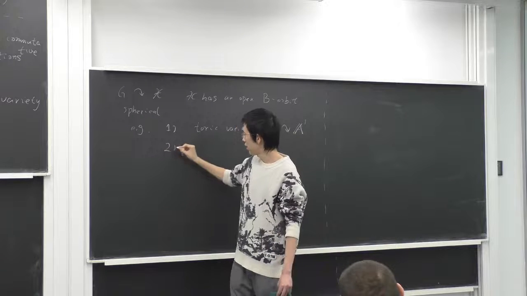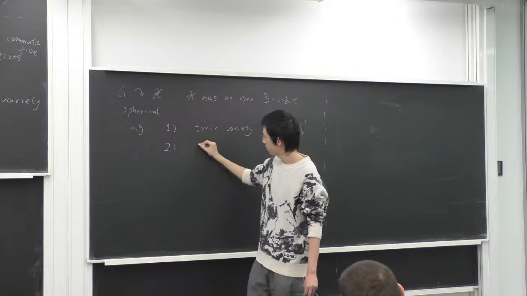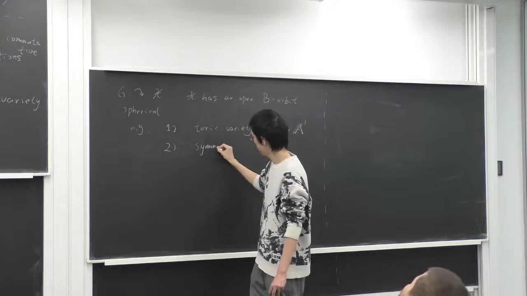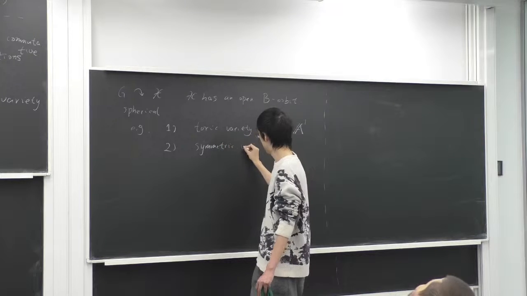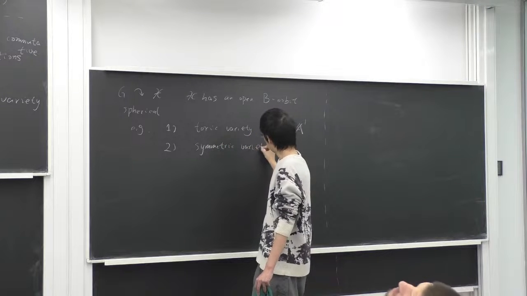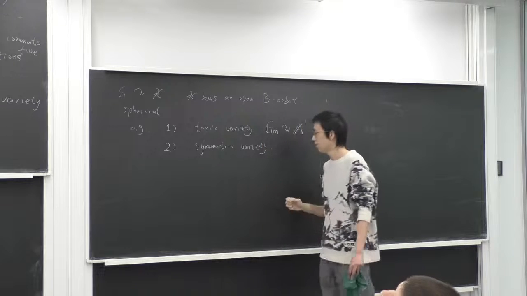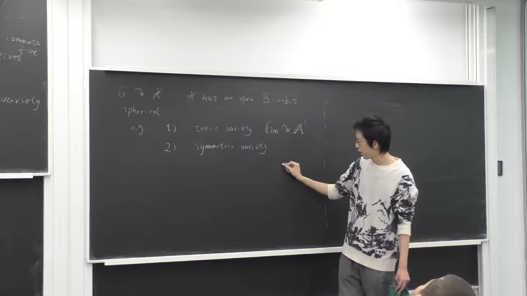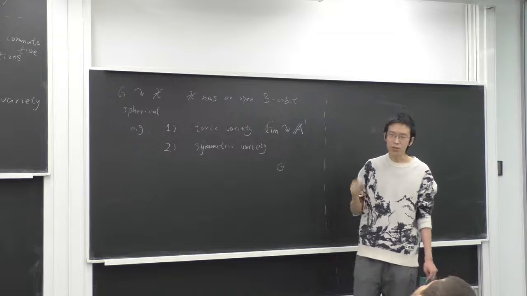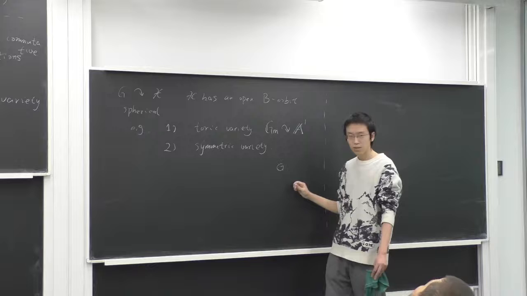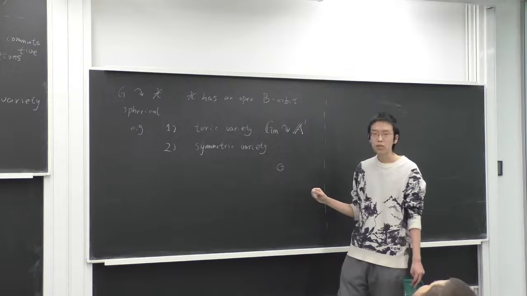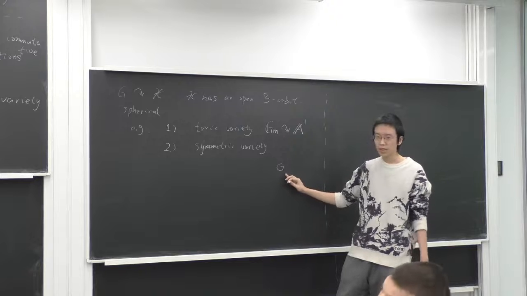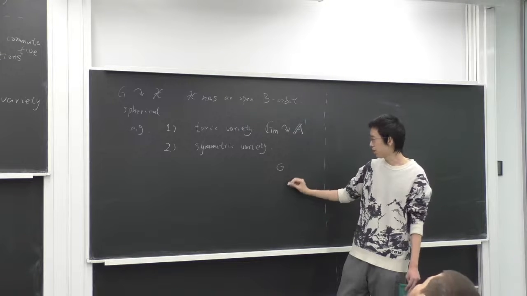And the second case is the symmetric variety. For symmetric variety, we mean first if you have a group G and you have an involution on it.